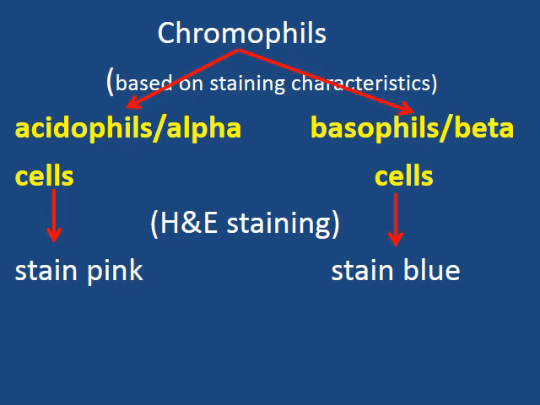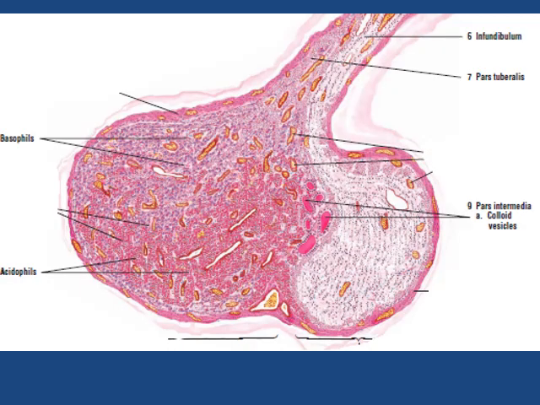On hematoxylin and eosin staining, the acidophil stains pink, whereas basophil stains blue. In this picture you can see in the anterior pituitary, the basophils are blue in color, whereas acidophil cells are pink in color.